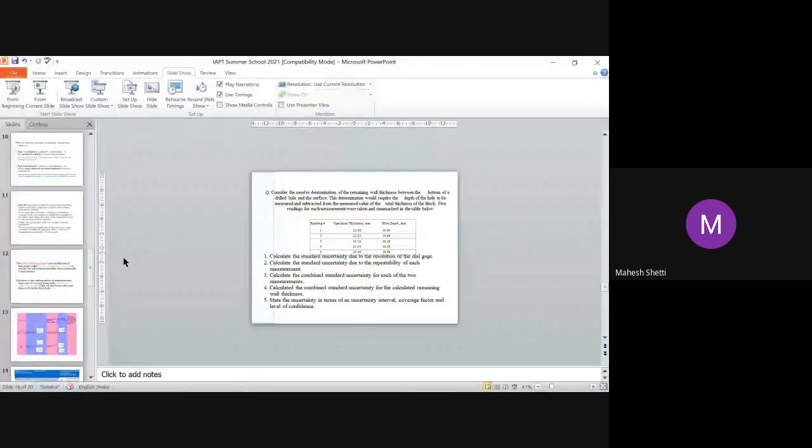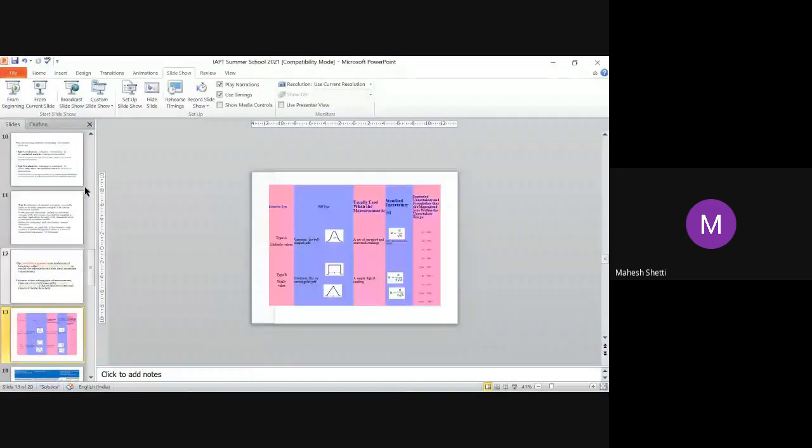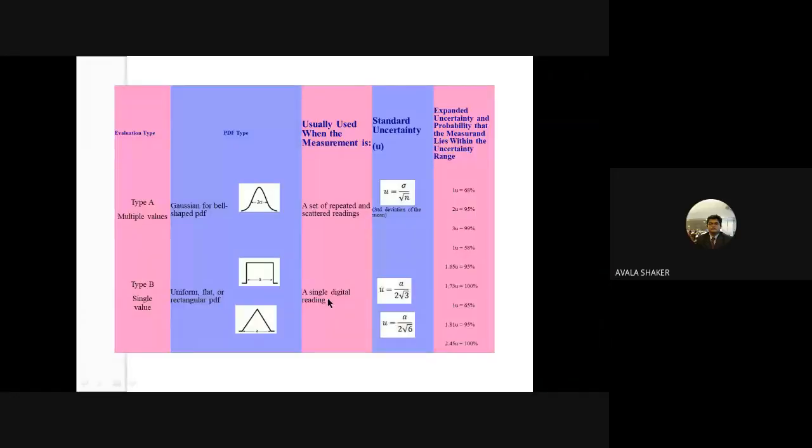Suppose you use a triangular distribution for the least count. Let us take an example: you're measuring some table length.